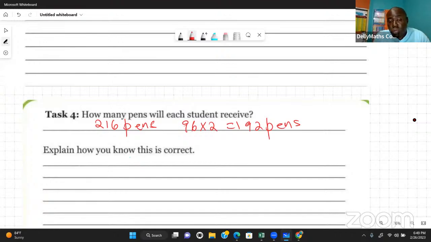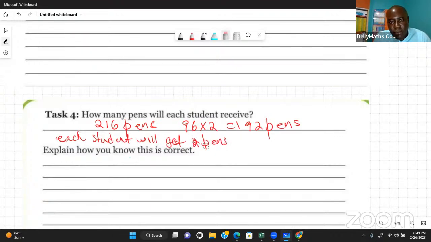But I won't go to a decimal for a pen. All right. So we're talking about each student will get 2 pens.